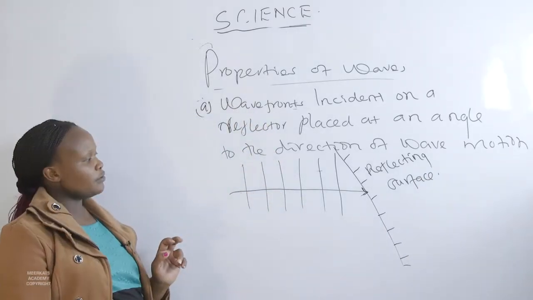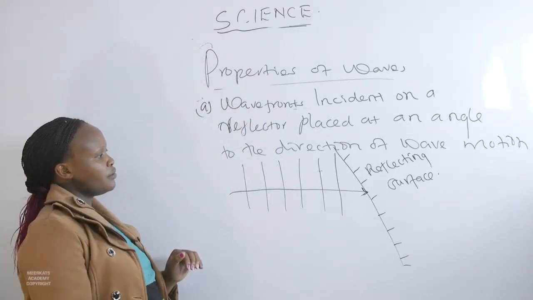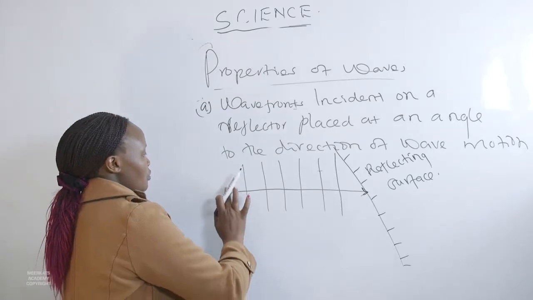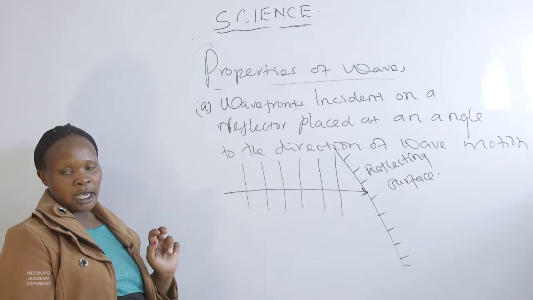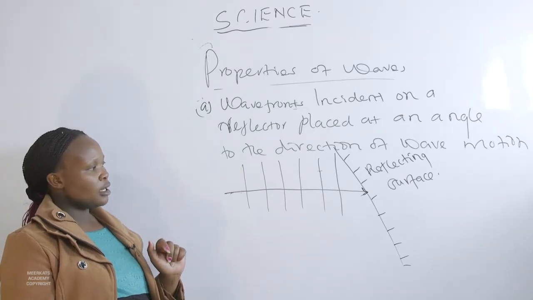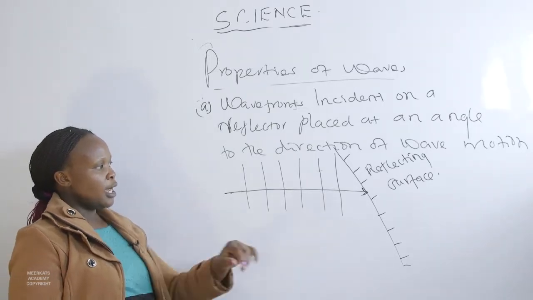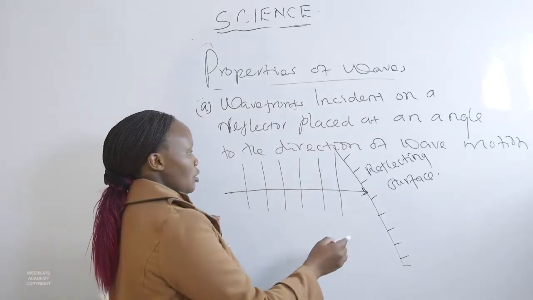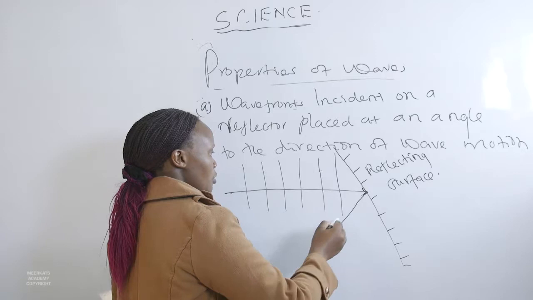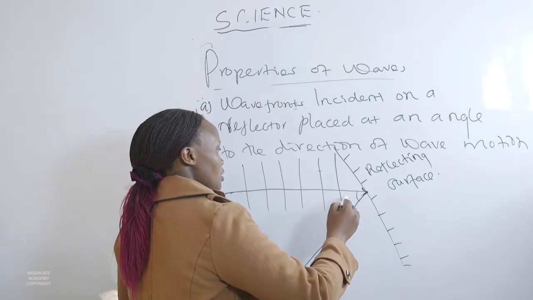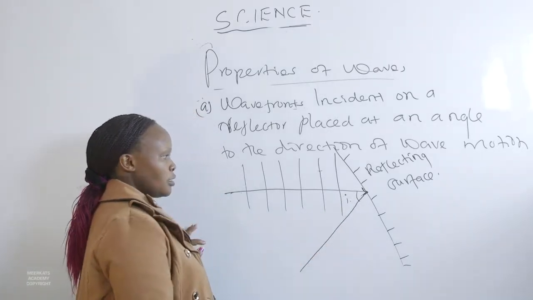That's our reflecting surface. Our plane waves are taking the direction from left to right, and then we come across a reflecting surface at an angle. Then we can draw a normal here so that the angle of incidence is given there.